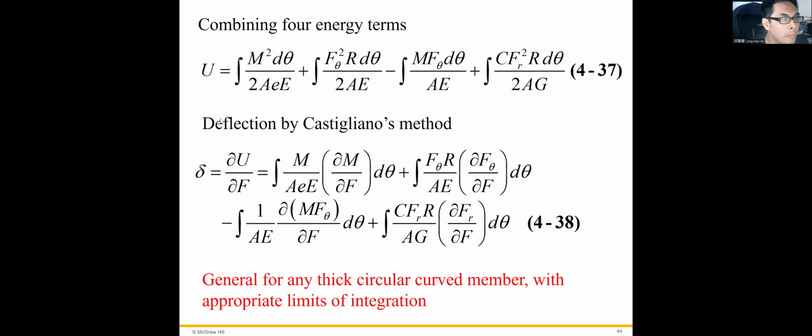So we can combine the four energy terms. There are two energies due to the moment, which I mentioned previously: one is due to the force movement, and the second is from the actual force.